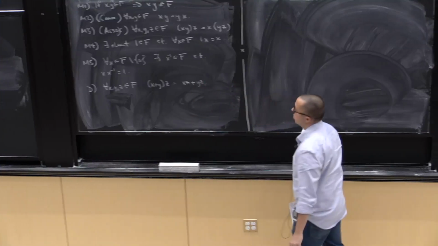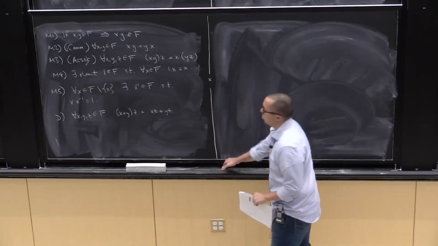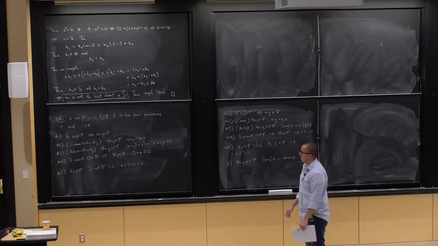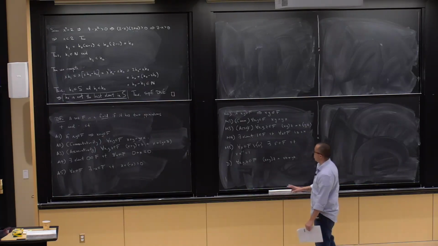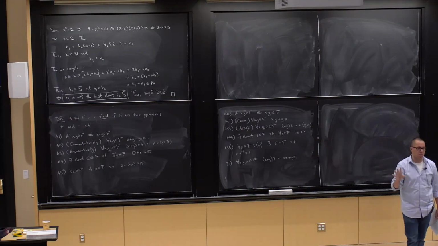Okay? So a field is a set with two operations, plus and dot, meaning multiplication, and these two operations need to satisfy all of these conditions for my set to be called a field.